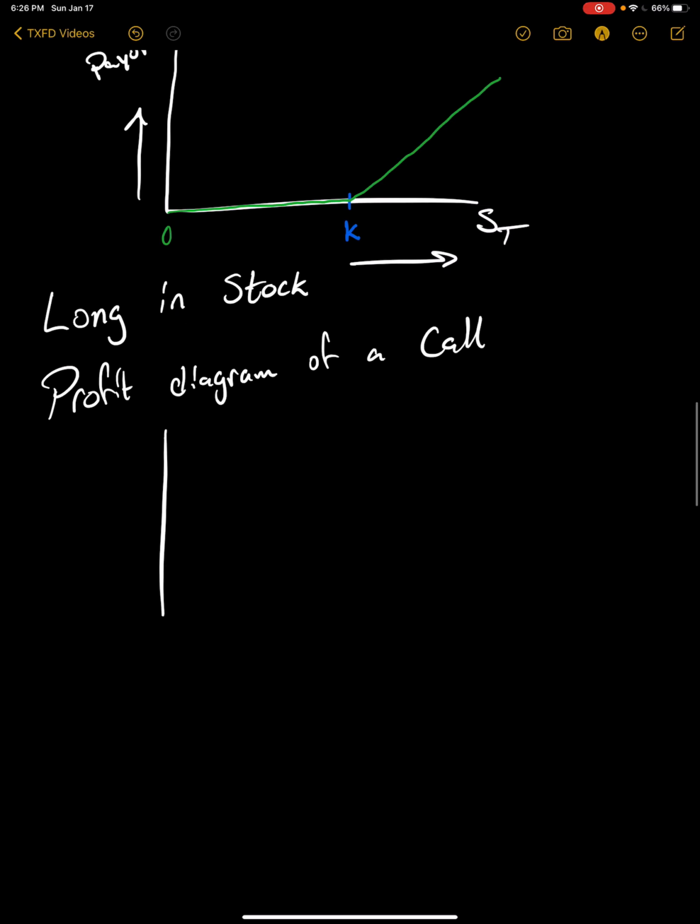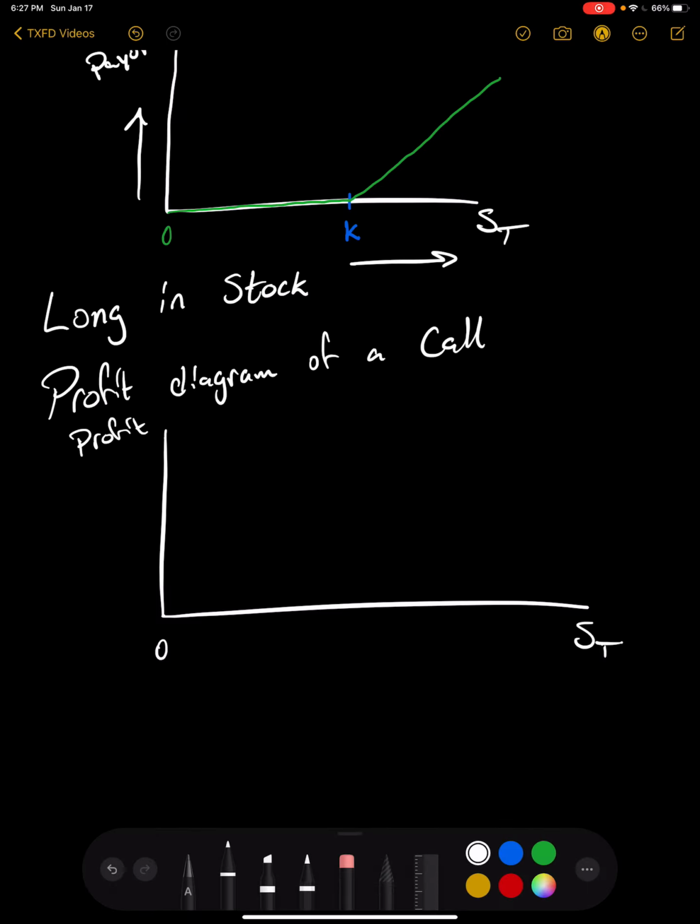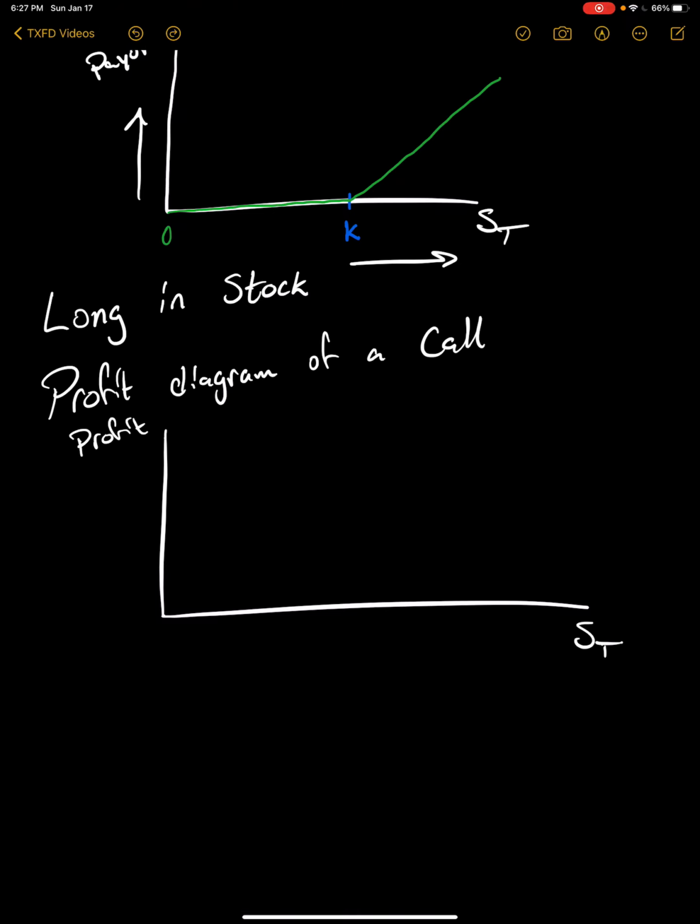In this case, our axes are going to be profit over here and S sub t over here, the stock price at time t. We're going to start out at 0, but actually I need to dip into the negative axis here, don't I? Because we can have a negative profit. There we go.